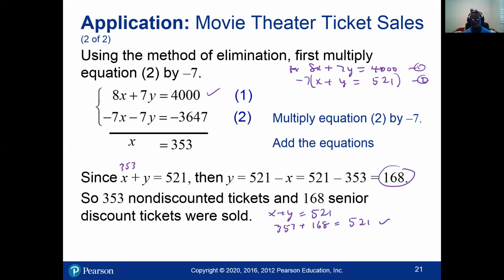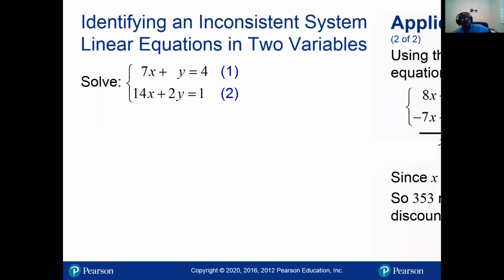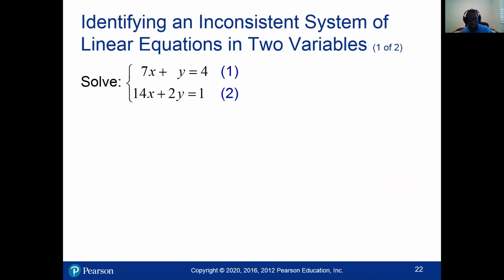Now let us go to inconsistent systems: how to identify an inconsistent system of linear equations in two variables. So we look at these equations. We have 7x plus y equal to 4. Look at them carefully. The second one is 14x plus 2y equal to 1. Now what do you see?